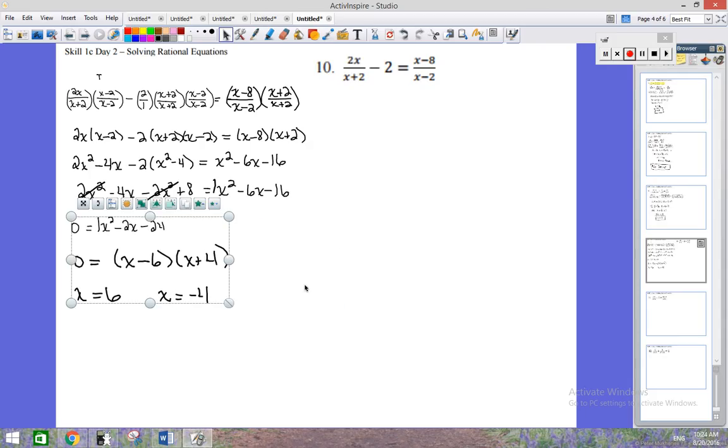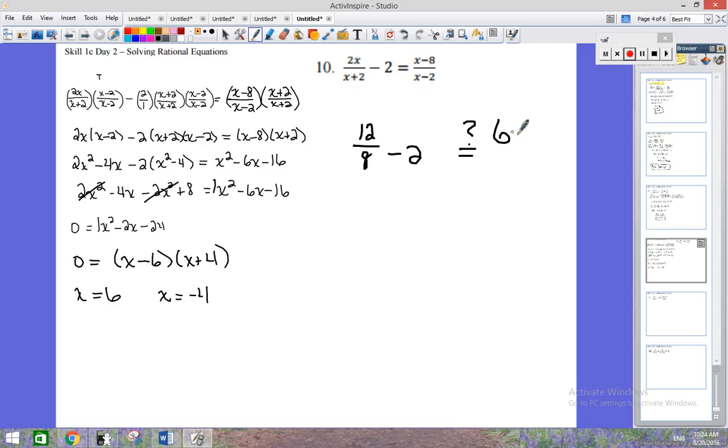If we plug in 6 into the left-hand side, we get 12, and 6 plus 2 is 8, minus 2. And the question is, is that going to equal, if we have 6 minus 8 over 6 minus 2? If I reduce that, 4 divides each of those.